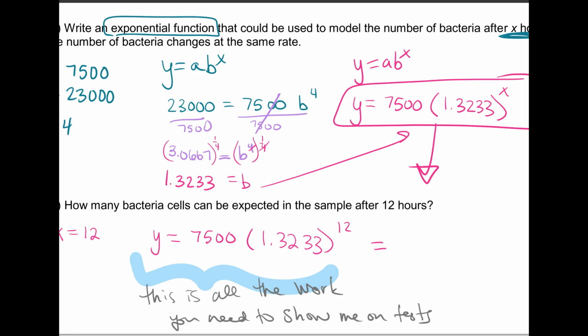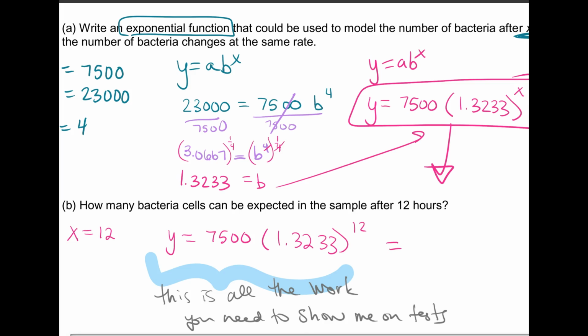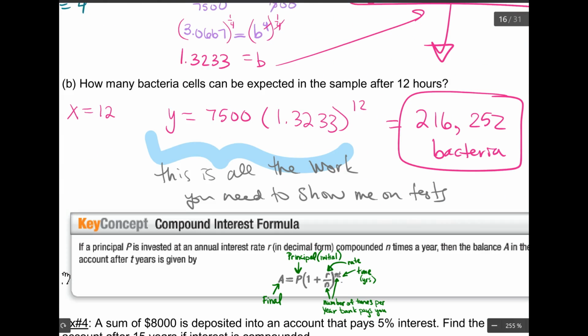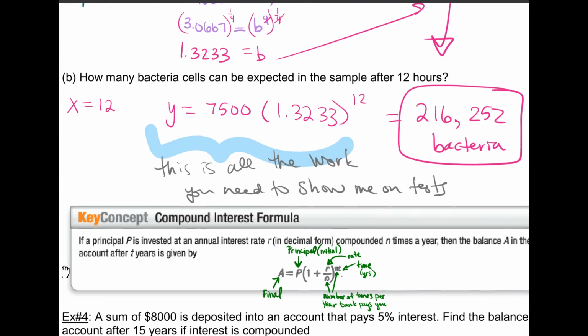You plug 7,500 times 1.3233 to the 12th power into your calculator, and you'll get 216,252 bacteria. It is a lot. But you see how much work I showed for B? Because it's a calculator problem, you just plug it in and it gives you this number.